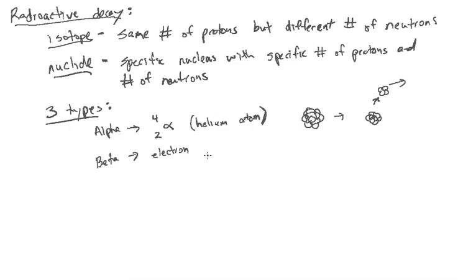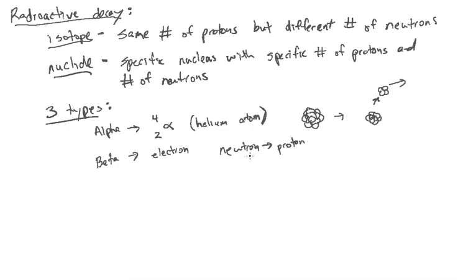So in order for this to happen, a neutron has to become a proton. It changes into a proton.